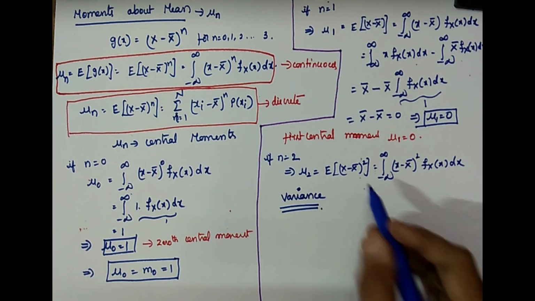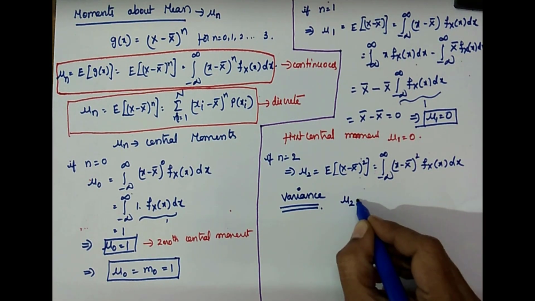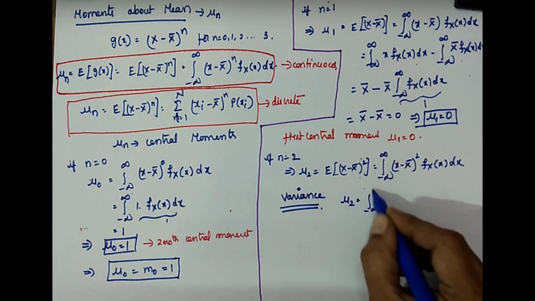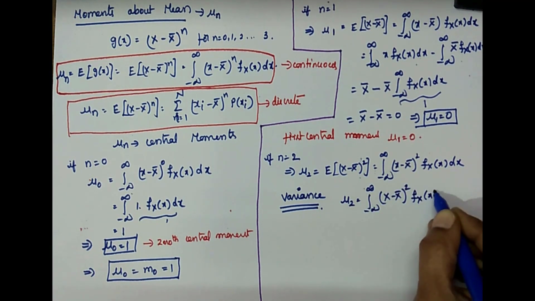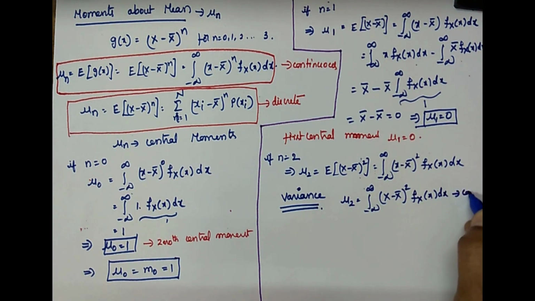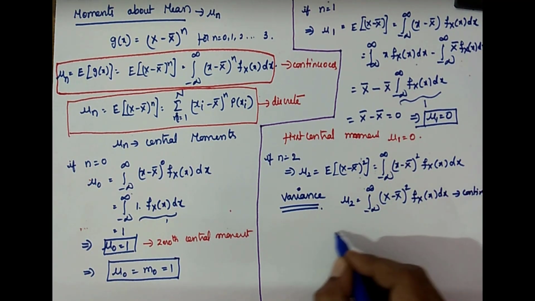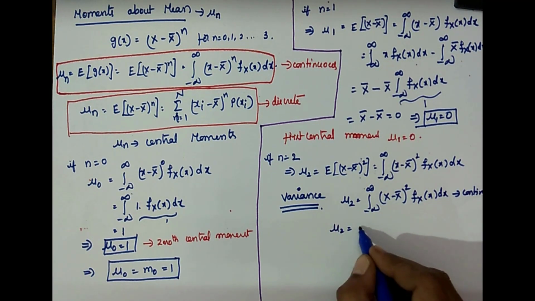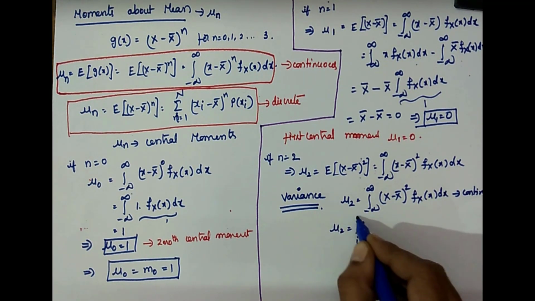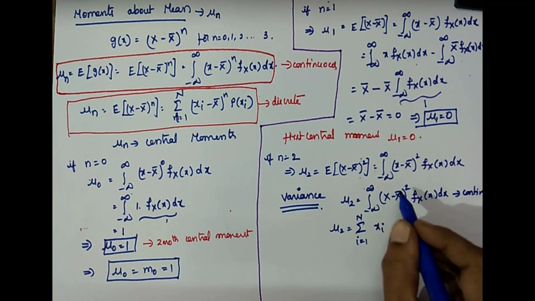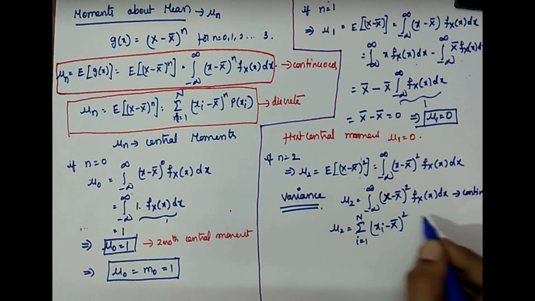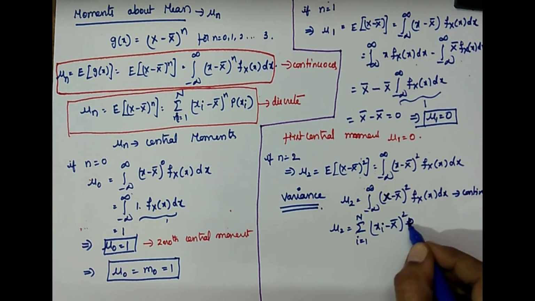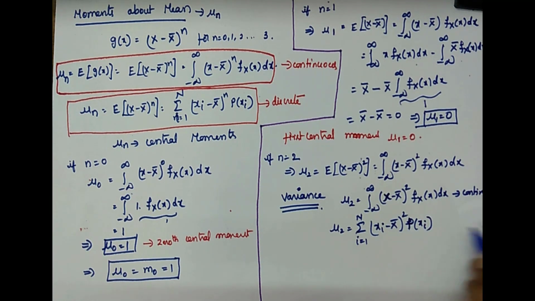Okay, so variance is mu 2, that is the integral from minus infinity to infinity of (x minus x bar) whole square into fX of x dx in the case of continuous, and mu 2 equals the sum over i from 1 to n of (xi minus x bar) whole square into p of xi in the case of discrete.